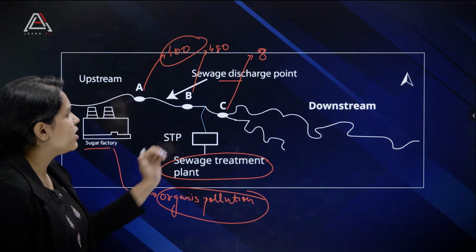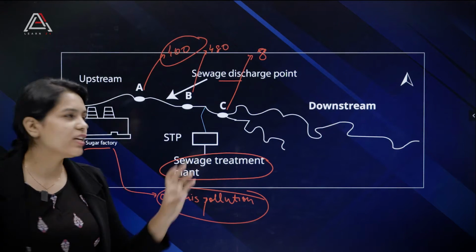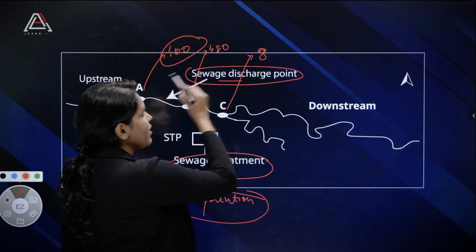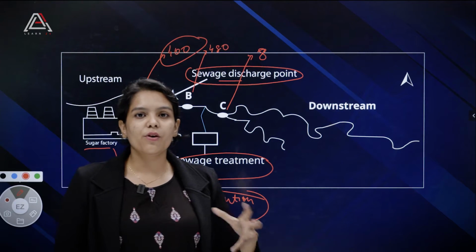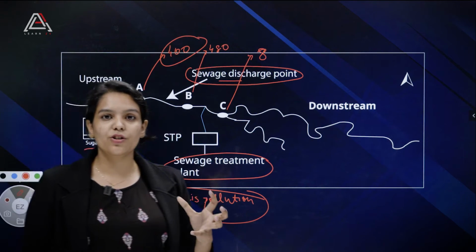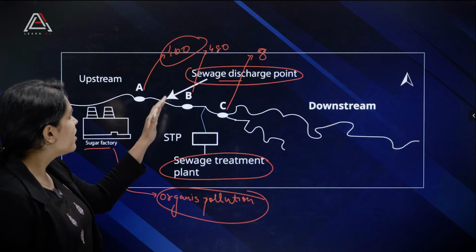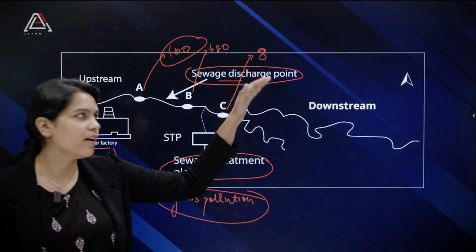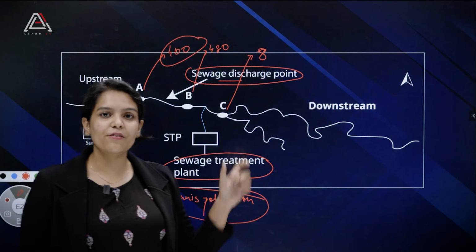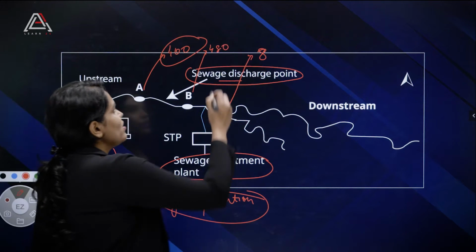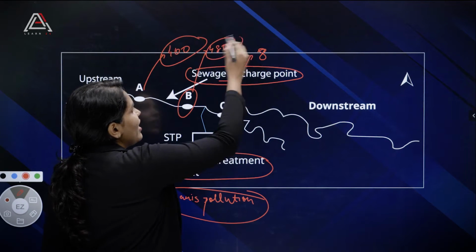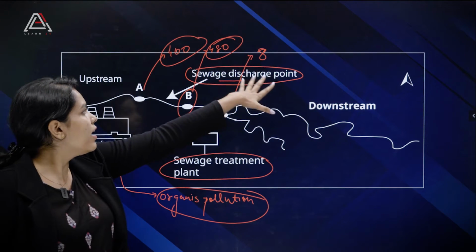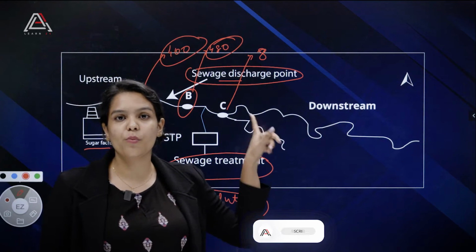Now moving on to B, before it reaches B, you can see here between the points A and B there is a sewage discharge point. So before the point B sewage is being discharged. So that is why at point B the BOD level is 480, that is higher than that of A, because an additional sewage discharge point is there.